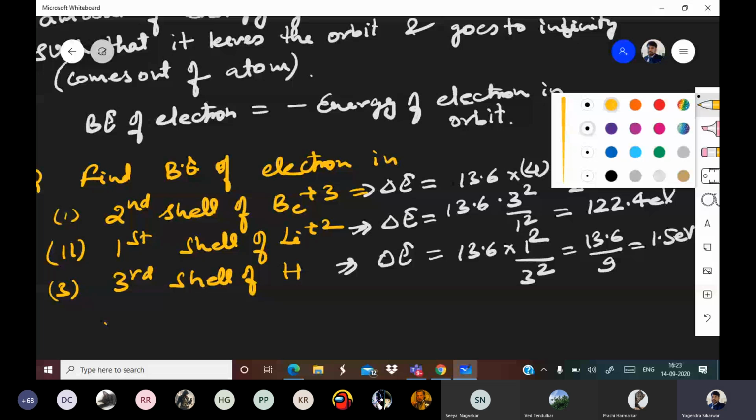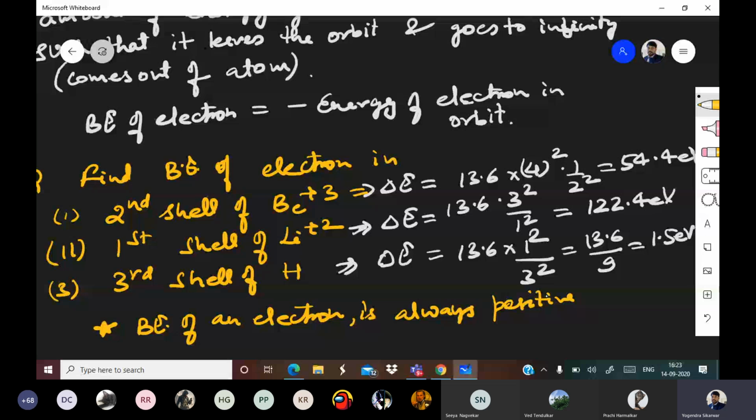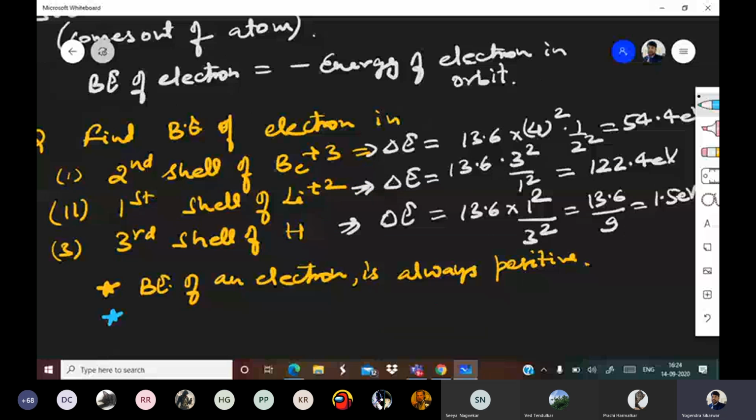And also you can write that energy of an electron in an orbit is always negative.